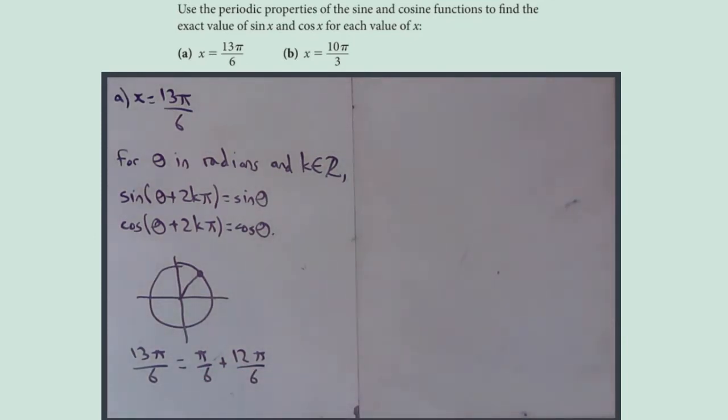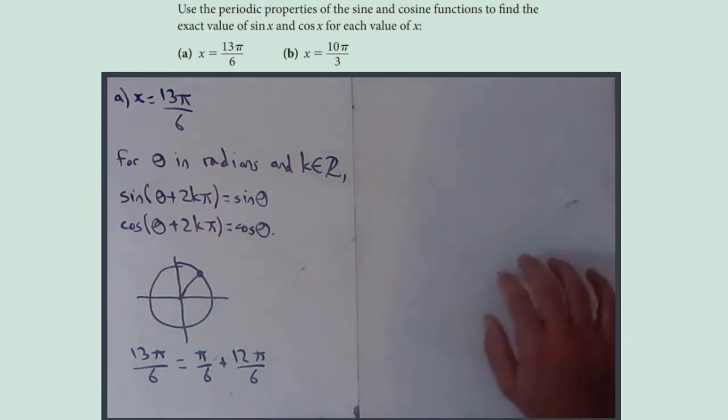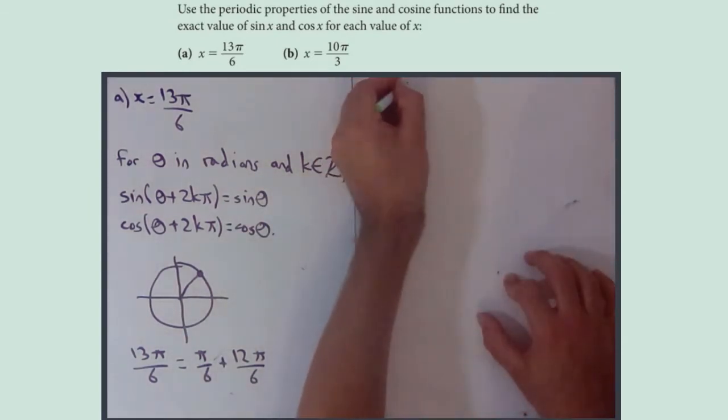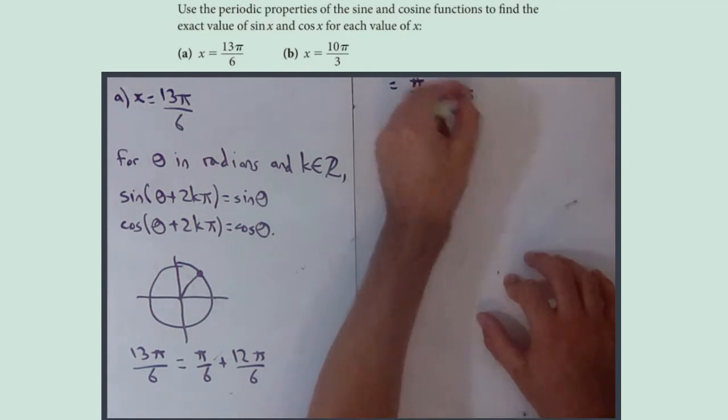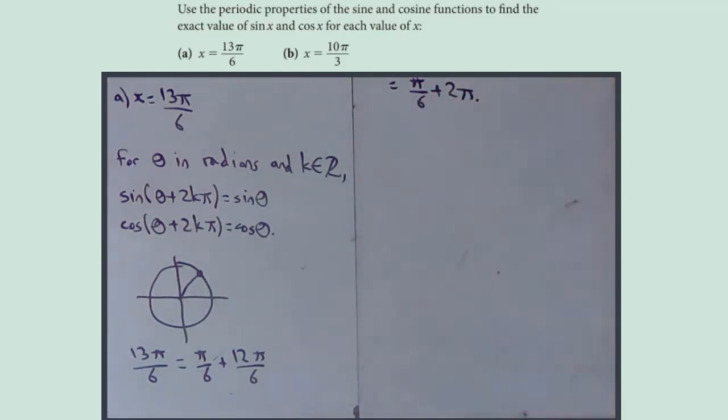That is the same as pi by 6 plus, 12 over 6 is 2, plus 2 pi. So that means that sine 13 pi by 6 equals sine pi by 6, and cos 13 pi by 6 equals cos pi by 6.